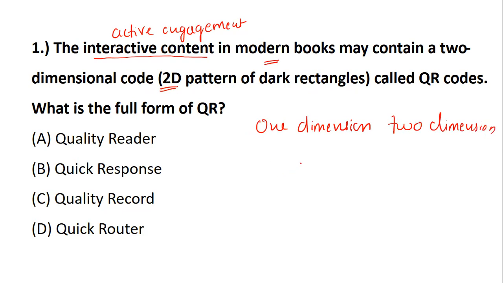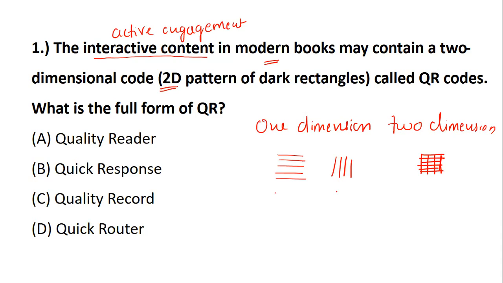A one-dimensional code is only either horizontal lines or vertical lines, either this or this. But a two-dimension code is in the form of a QR code, which you have in your UPI apps, or QR codes in books, which you scan, and the content becomes interactive content. So this is the entire question.